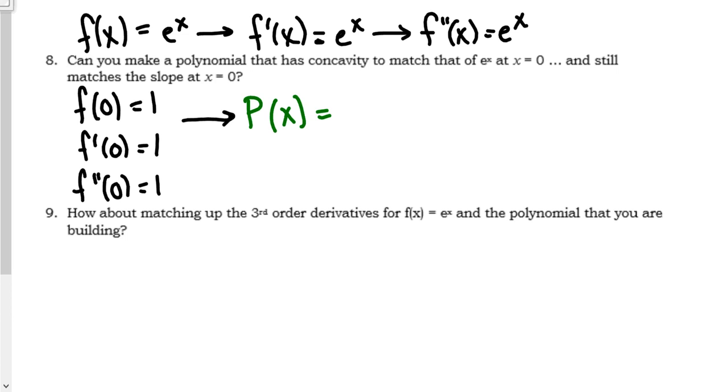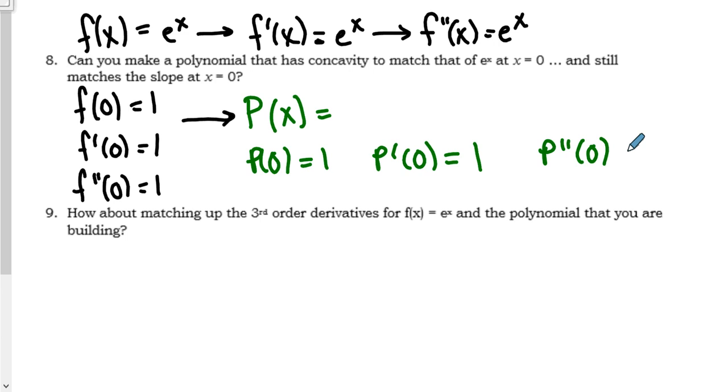So I want to make a polynomial that has that same attribute in that my polynomial at 0 has to be 1. My first derivative of this polynomial at 0 has to be 1. The second derivative at 0 of my polynomial has to be 1, right? Those values that I just wrote in green need to match the black, okay?